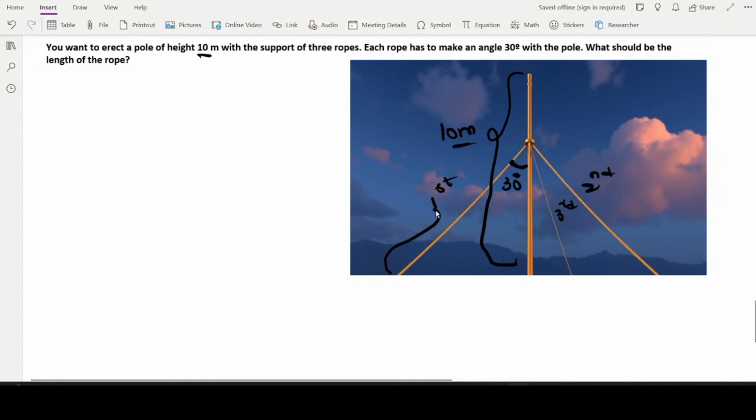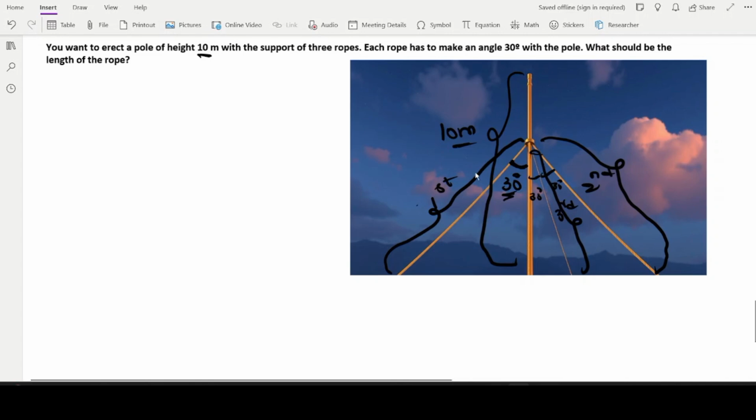So the length of the first rope, the length of the second rope, and the length of the third rope. As every rope is making an angle of 30 degrees, this is making 30 and this is also making 30 degrees. Let us assume only one rope. Let us find only the length of one rope and then we will multiply that particular length by 3 ropes.